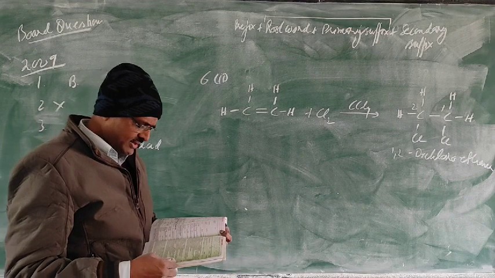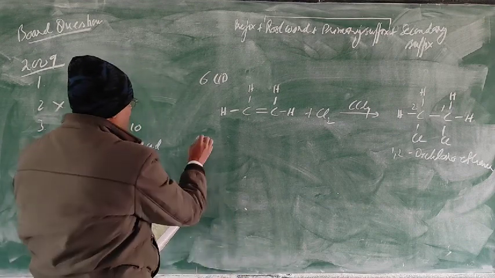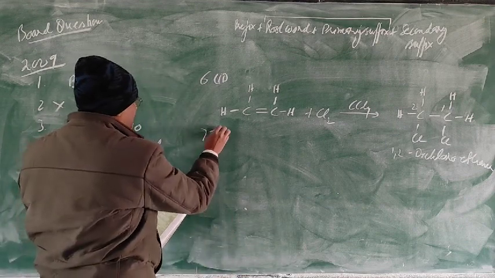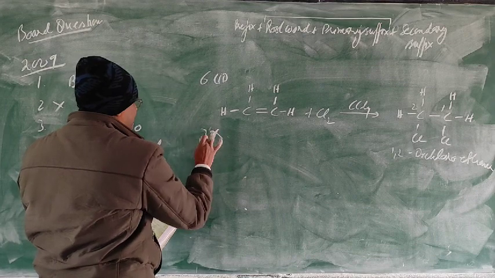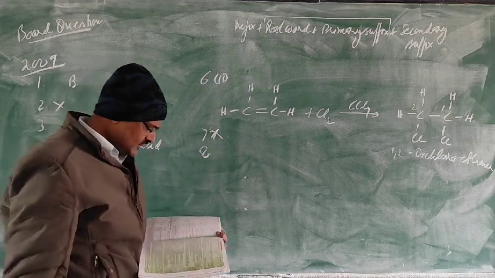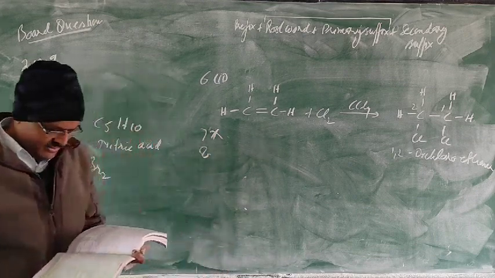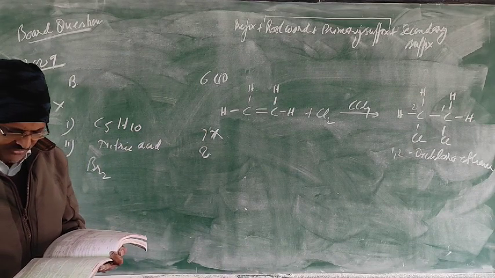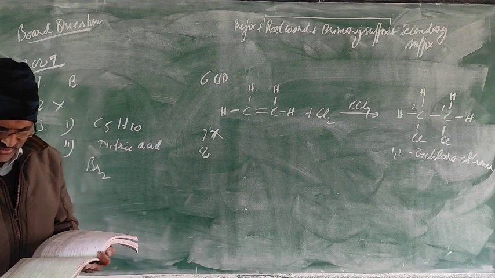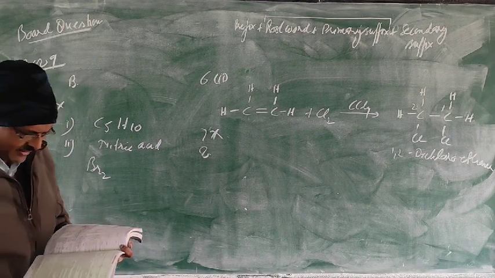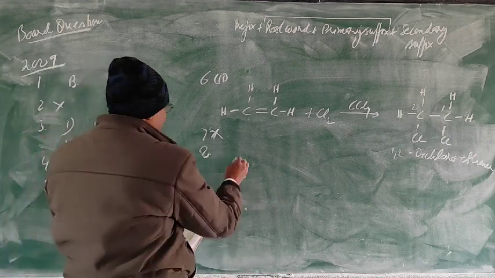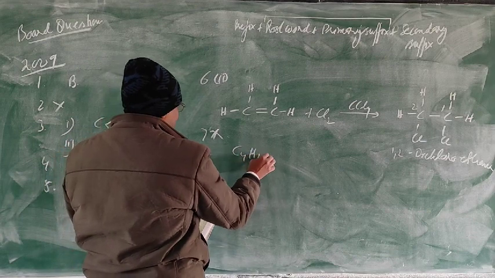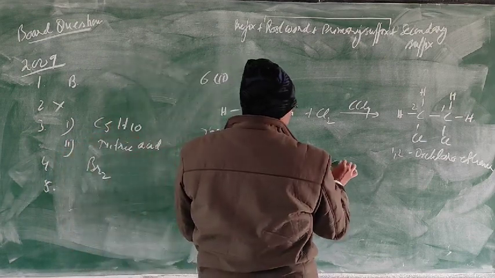Now the 7th one is not in the syllabus. Now the 8th one: define isomerism. Definition you can give. Give the IUPAC name of isomers of C4H10 with a branch chain. This C4H10 branch chain isomer I told you is very important.